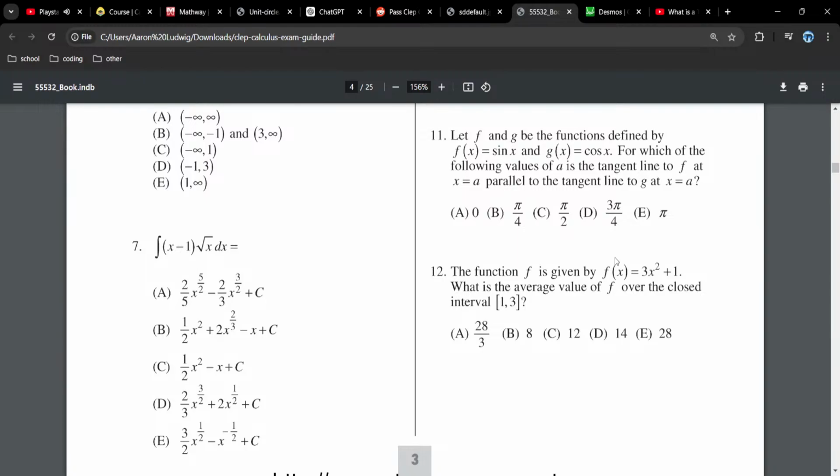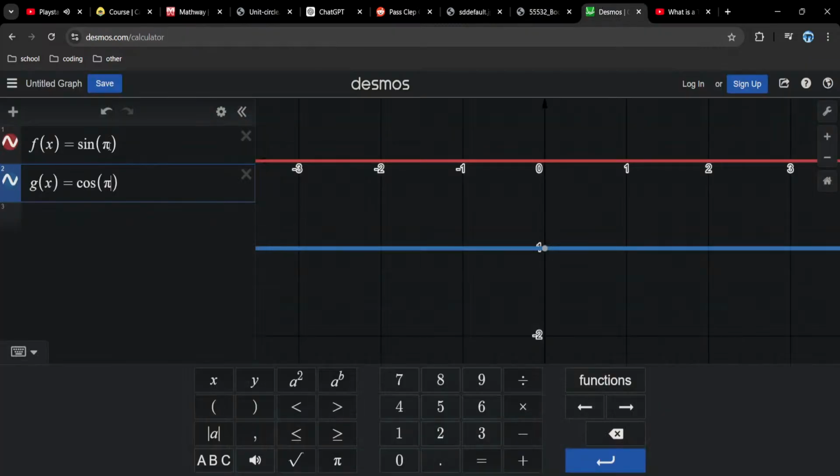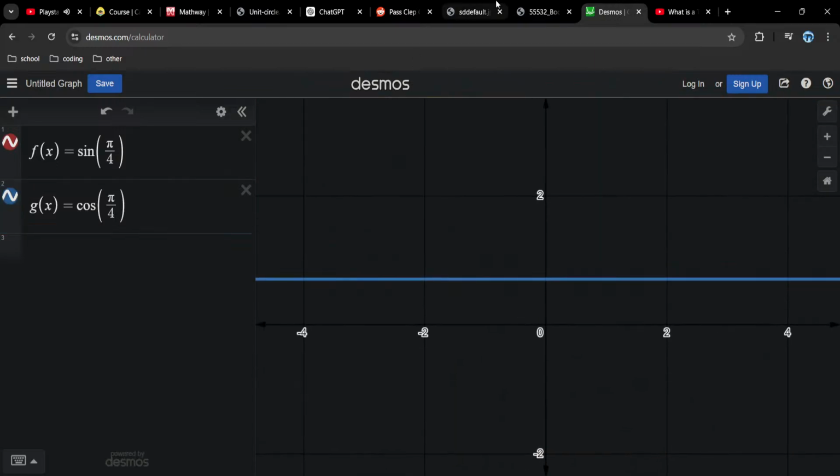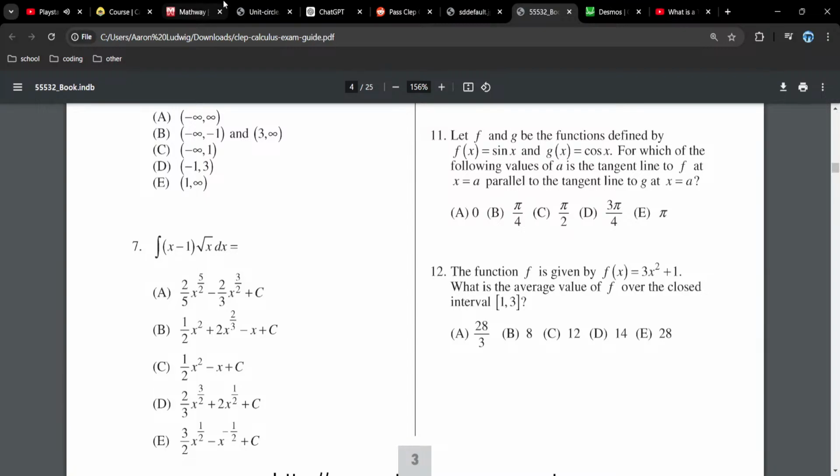Sine, opposite over hypotenuse, is 1 over square root of 2, and the cosine, SOHCAH adjacent over hypotenuse, is 1 over square root of 2. So they're actually equal to each other with pi over 4. They have the exact same value. I'm trying to get a better understanding of what is actually going on with this. So that doesn't work because they have the same signs.